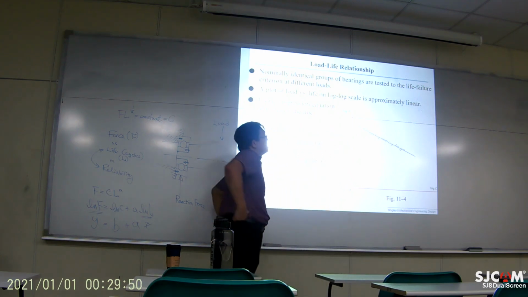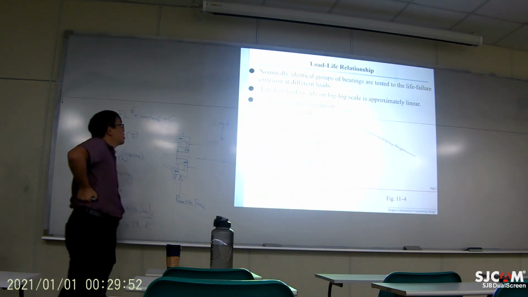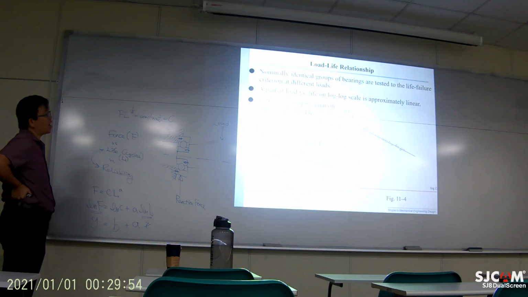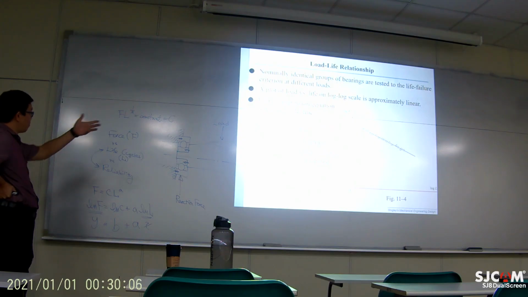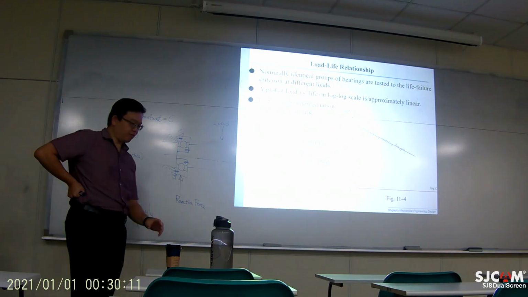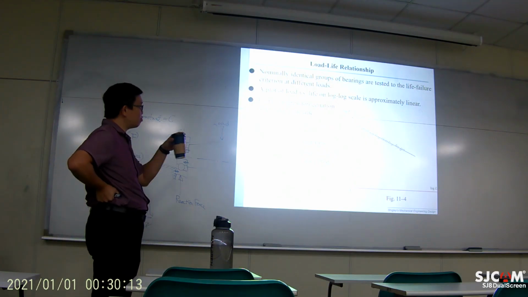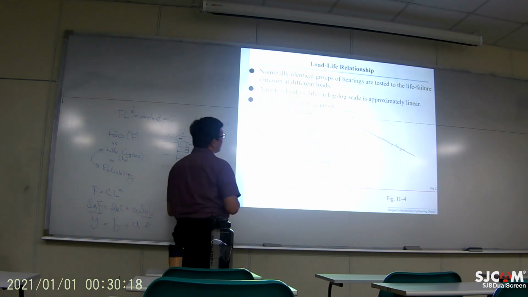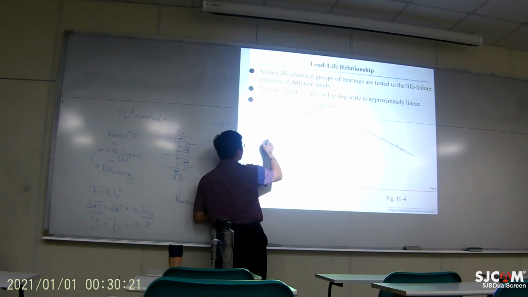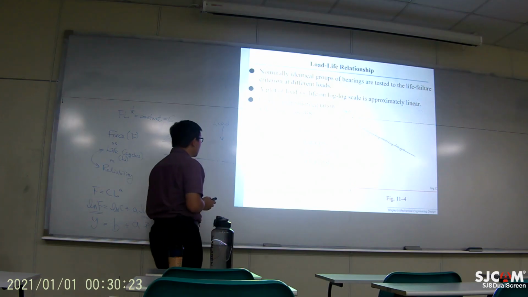They have done research and realized, okay, for most of the bearings, the relationship between the force and the life follows this trend. So they built this model, and the experiment shows that it's matching pretty well. For most of the ball bearings, this power A, this coefficient A, equals 3.